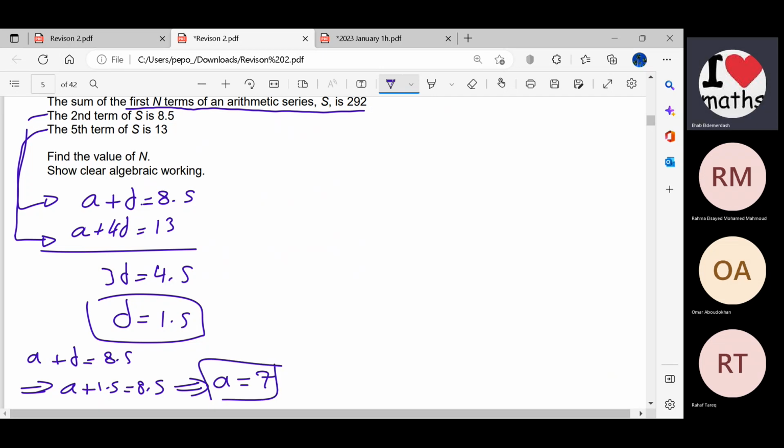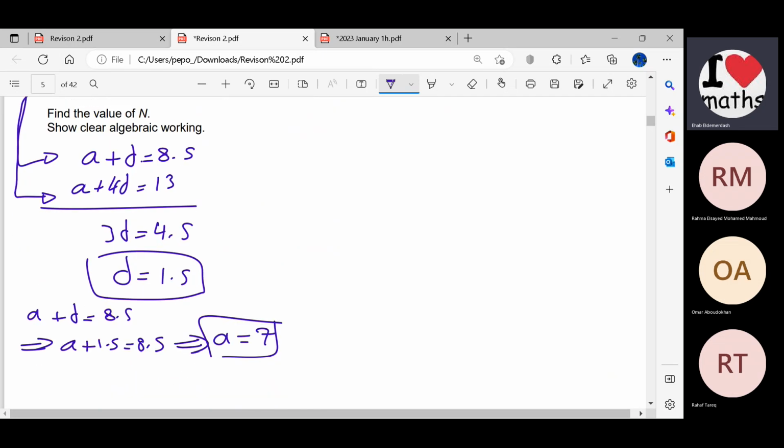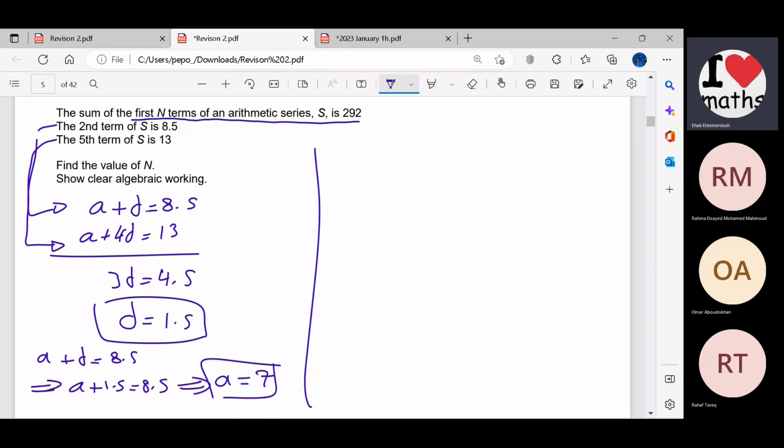Do you have any problem finding a and d? Once we get the values of a and d, done. What was the next step? He gives me the sum of n terms.